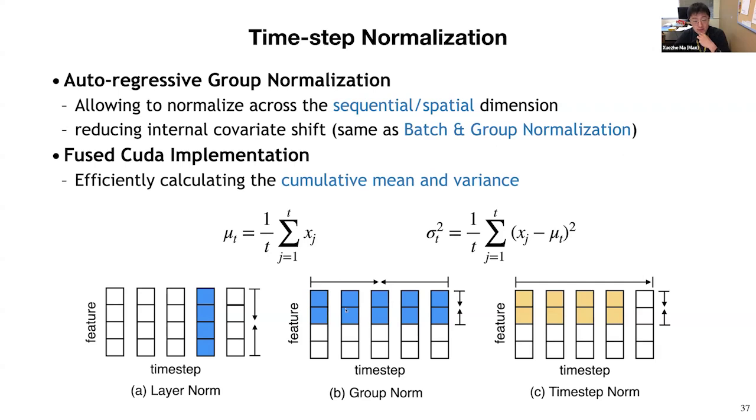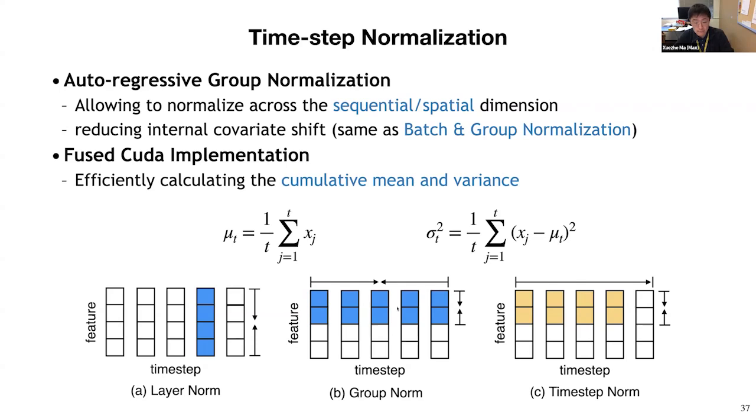And I think one reason is that in transformers or language models, we need an autoregressive architecture. So if we use an autoregressive architecture, then group normalization cannot be directly applied, because for group normalization, some future information will be leaked to the previous one.